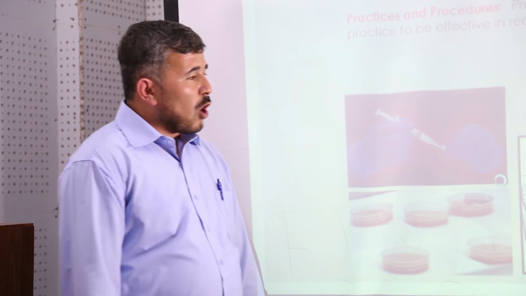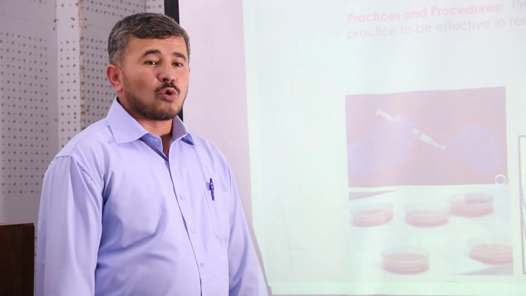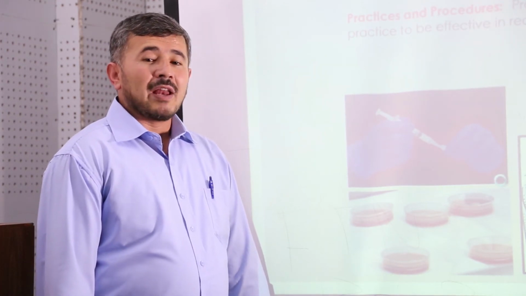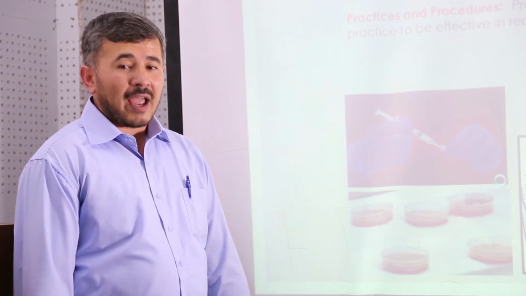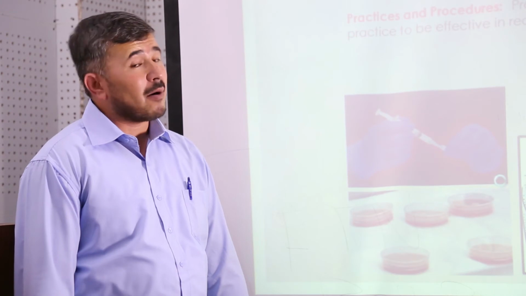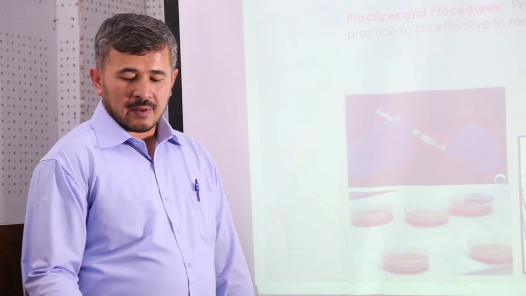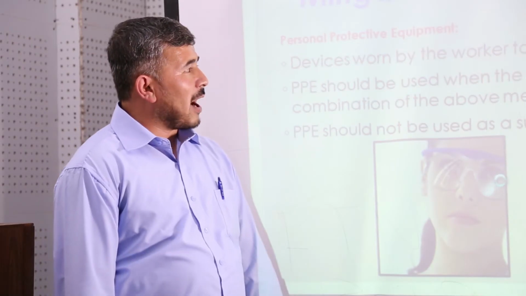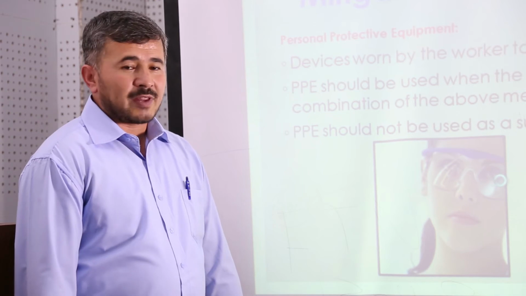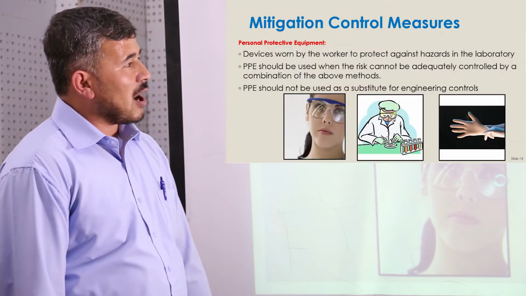Or closing the door of the lab all the time will control the risk of access, so people do not enter the lab without our permission. The last one, PPE. It is the device worn by the worker to protect against hazards in the lab.